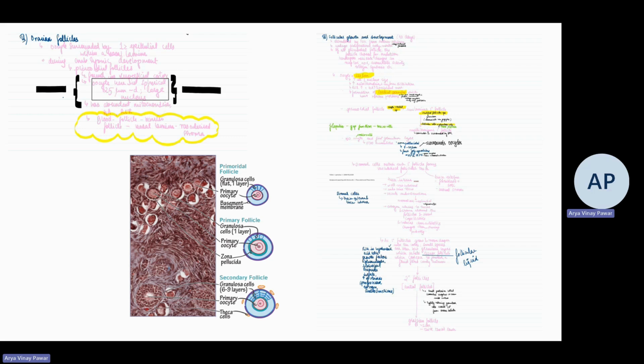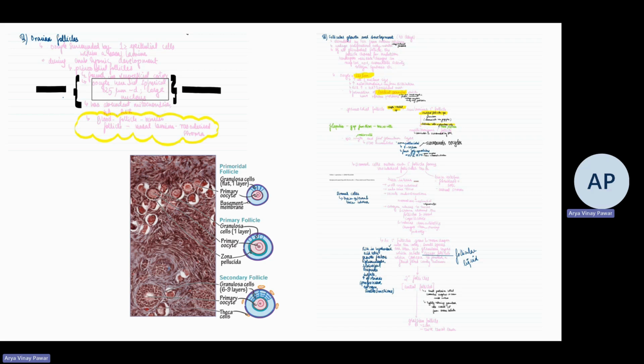The unilaminar primary follicle is essentially just simple cuboidal epithelium, and the multilaminar primary follicle is when there are multiple layers of these follicular cells surrounding the oocyte, so the simple cuboidal epithelium now changes to stratified follicular epithelium.